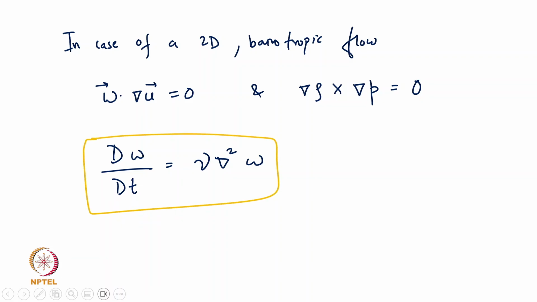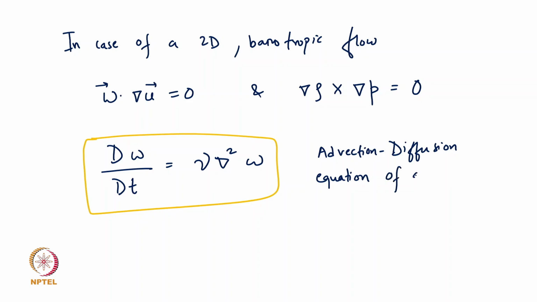Okay, so this has the same form as the equation of a conserved quantity that is advected and diffused in the fluid. So this is similar to an advection diffusion equation of a conserved scalar in this case.